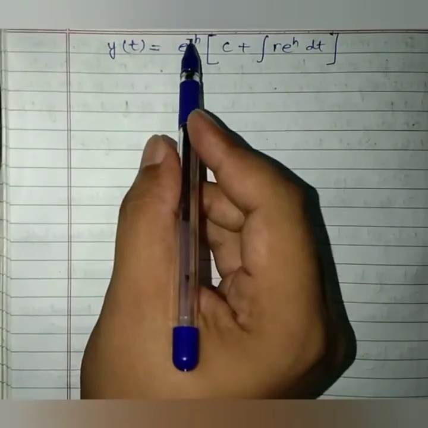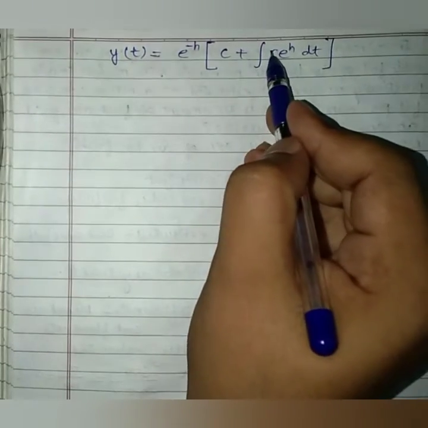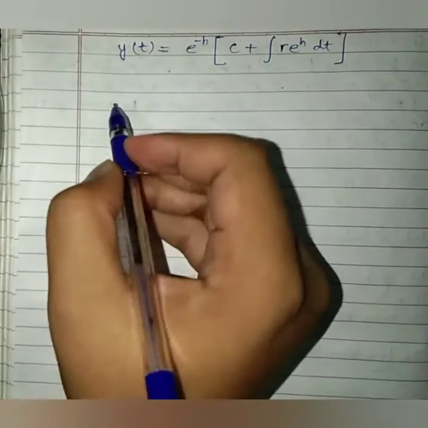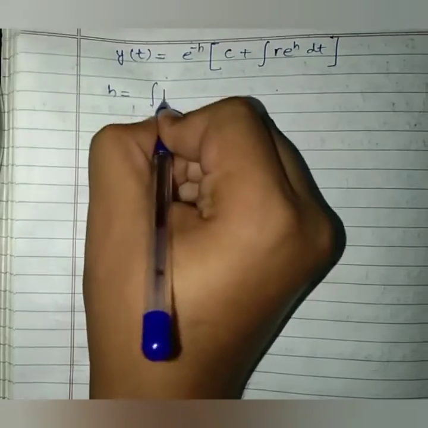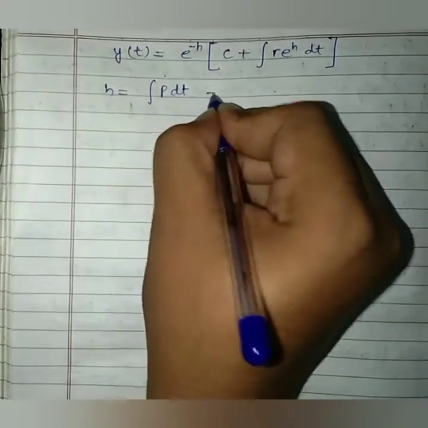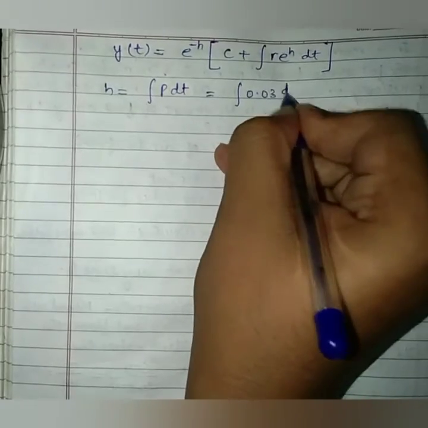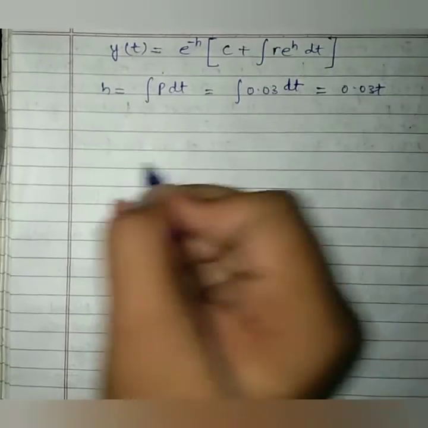So now let us understand what h and r are. R we have taken as 600, and h is given by the integral of p dt. So p is 0.03, so the integral of 0.03 dt comes out to be 0.03 t.